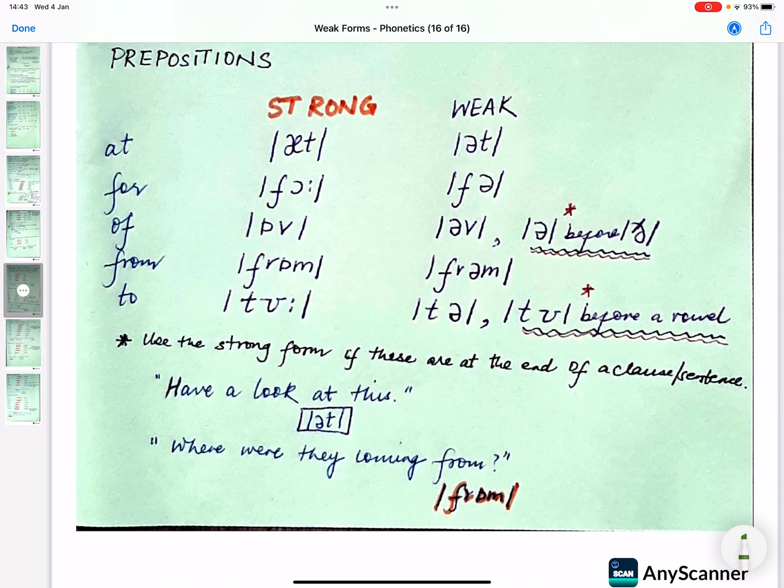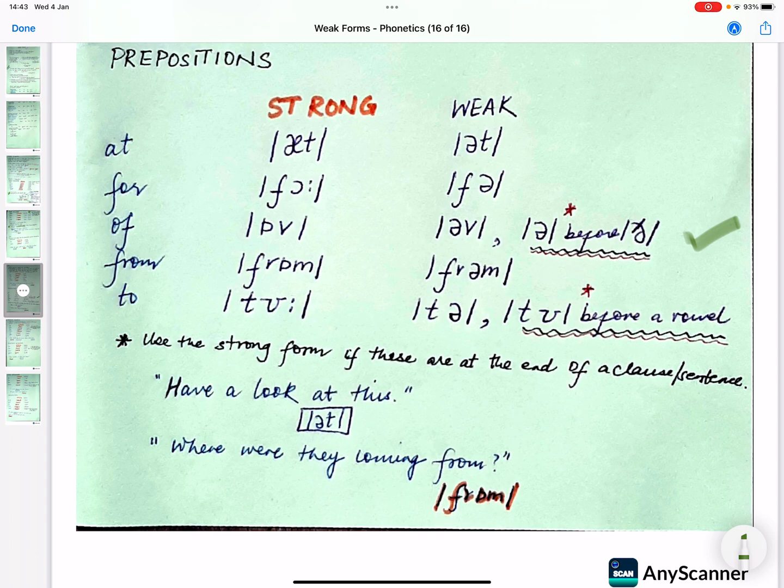Prepositions. So you use the strong form of these if these are at the end of a clause or a sentence. You can also see there's a little bit of a note for of, so it's reduced to a schwa before the, and for to, before a vowel it's not reduced to a schwa but to the short u.